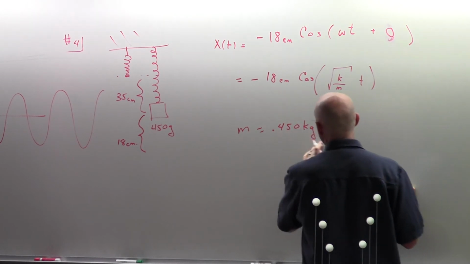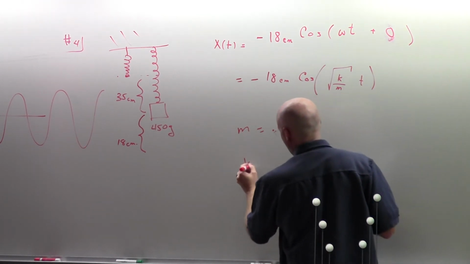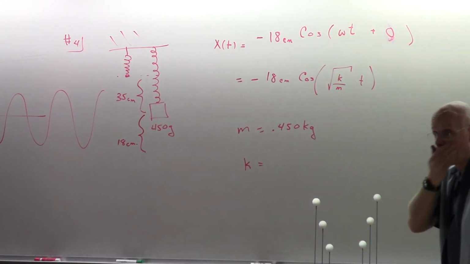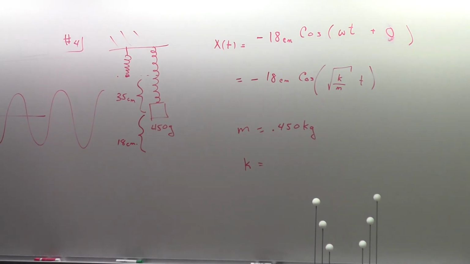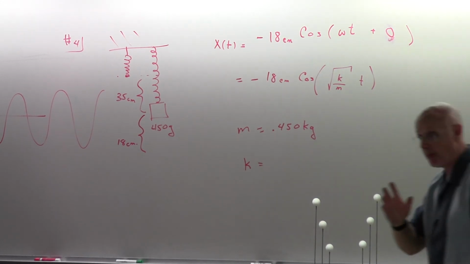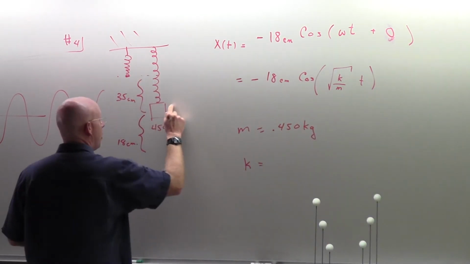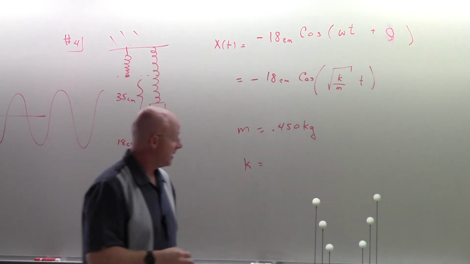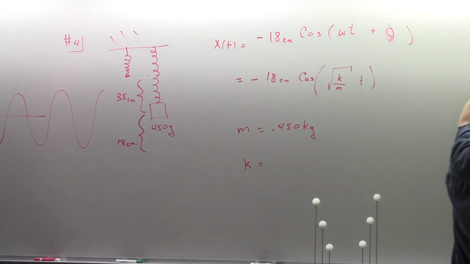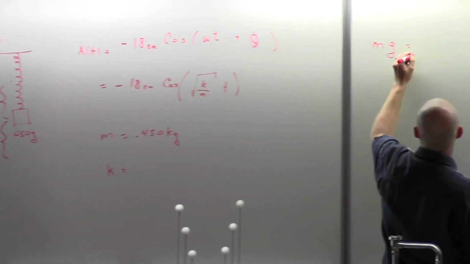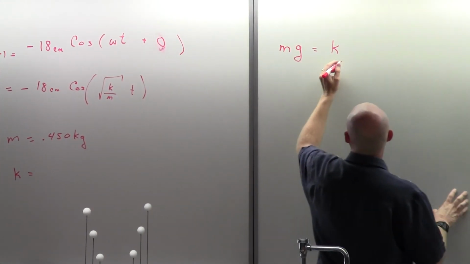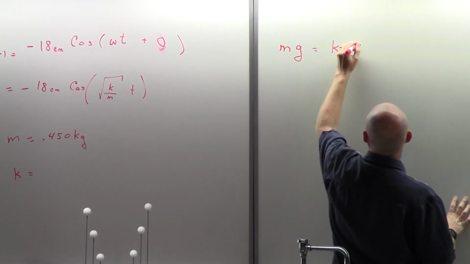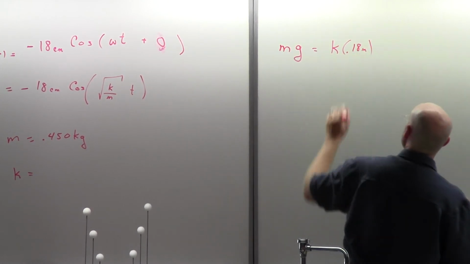Sure, I'll put it in kilograms here for just a moment, so it'll work well with my k. Do I know k? I do, indirectly I do anyways. Isn't that what they indirectly gave me in the first step? Did you catch that part, right? They hook it here, you pull it down this far. Isn't that then at equilibrium? Isn't it at that point where mg equals k times 18?